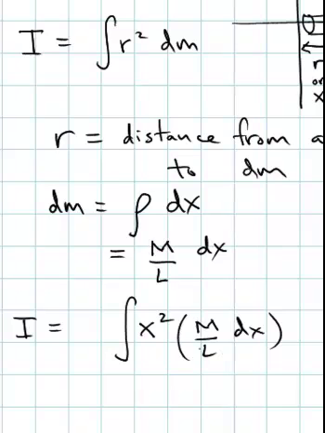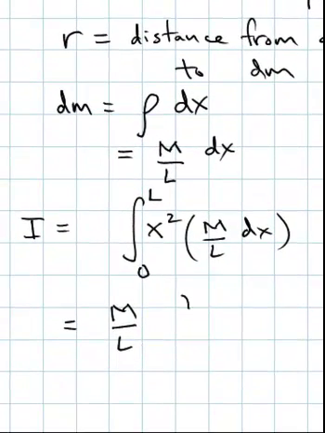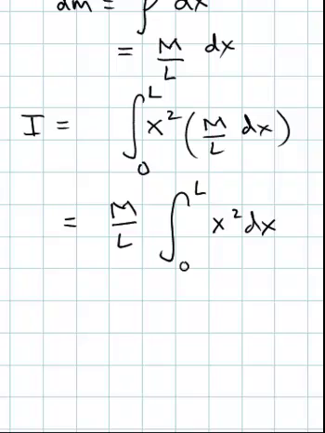And we integrate over the object, and our object goes from x equals 0 to x equals L. So we've got m over L, because we have to add up the contribution of every little chunk of the object, and it goes as r squared times the mass of that little chunk, and we're adding them all up.